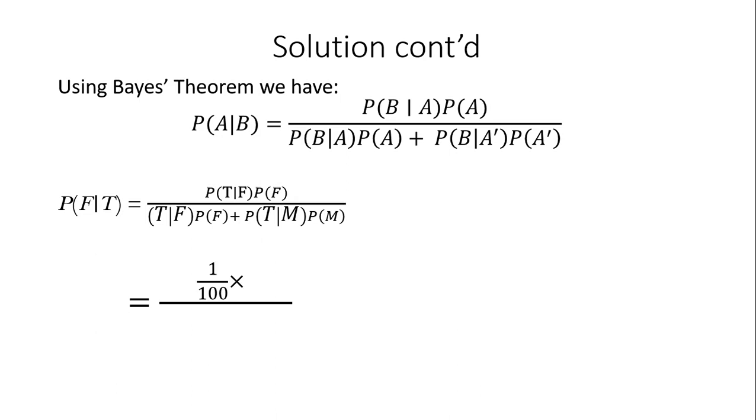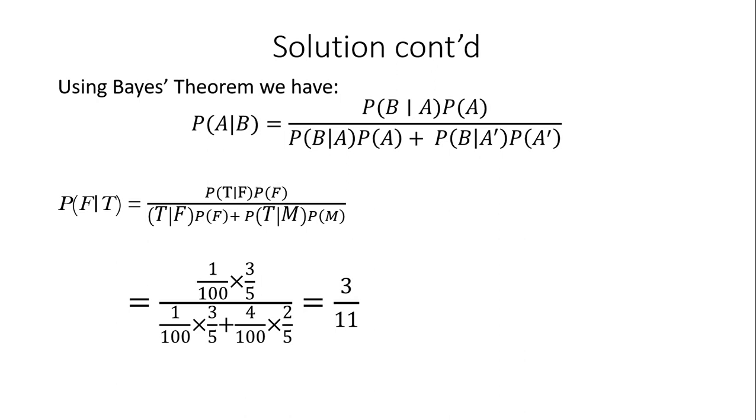The probability of the student being tall given that she's female is 1 over 100. The probability of female is 3 over 5. We put that in the denominator as well. Then the probability of the student being tall given that they are male is 4 over 100. And probability of male is 2 over 5. And by my calculator this is 3 over 11, which you can also confirm.